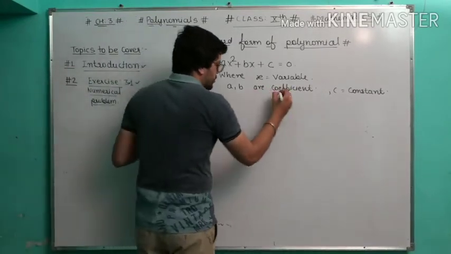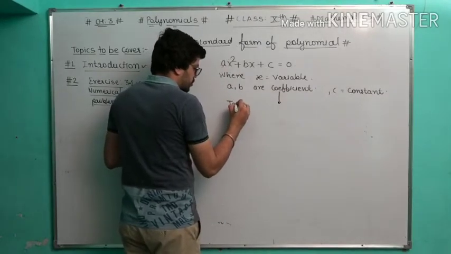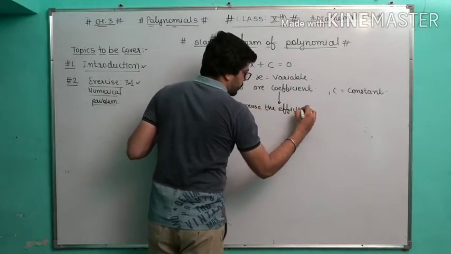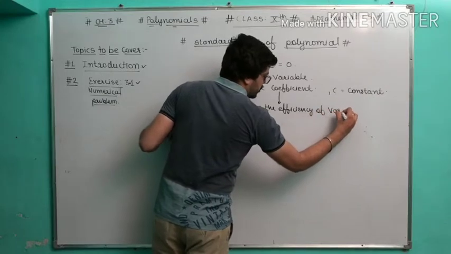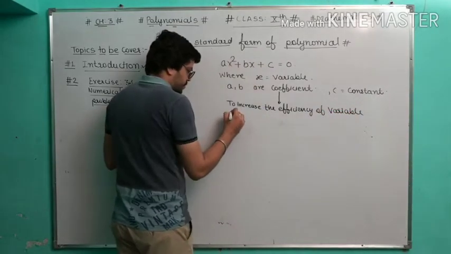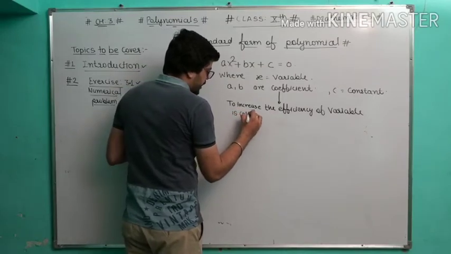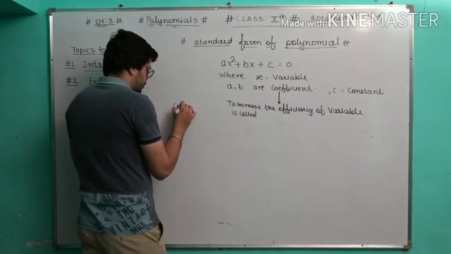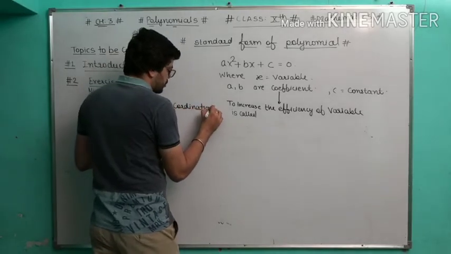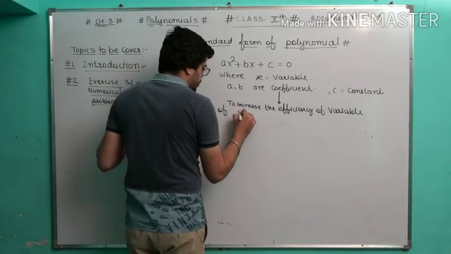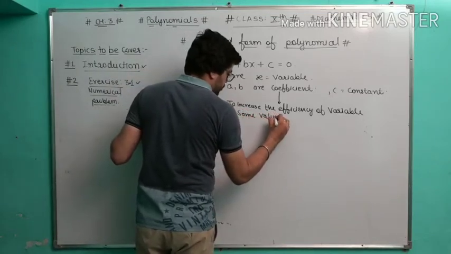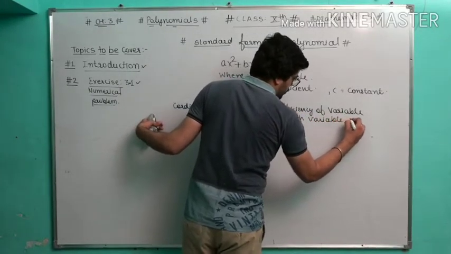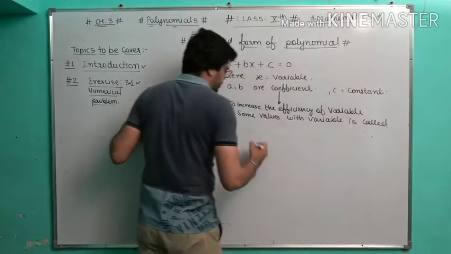So let's try to discuss the things here in detail. What do we mean by coefficient? Coordination of some values with a variable, which increases the efficiency of the variable, is called a coefficient.